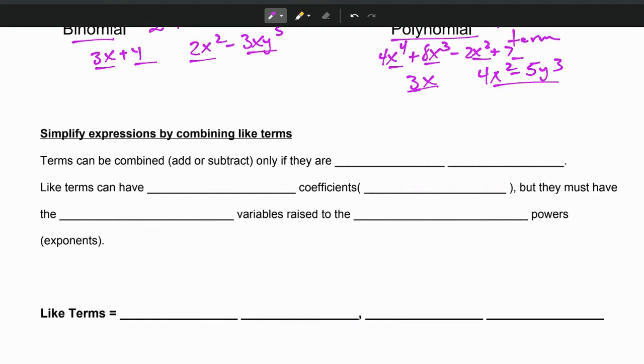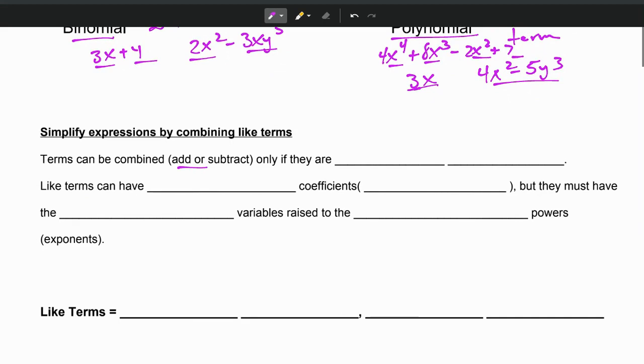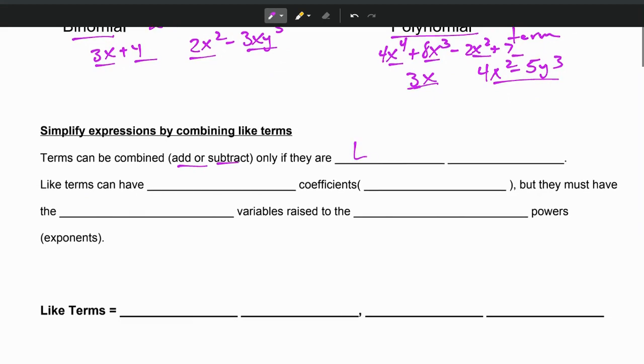Simplifying expressions by combining like terms is very simple. Terms can be combined, meaning adding or subtracting, only if they are like terms. That's a phrase you've heard before: like terms. Like terms can have different coefficients. That part doesn't matter. That's the number in front of the variable.